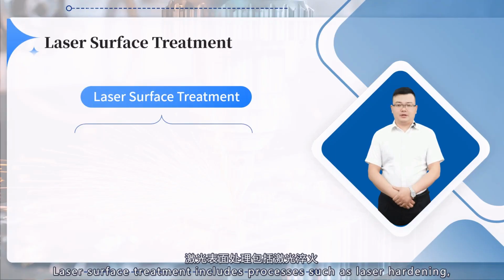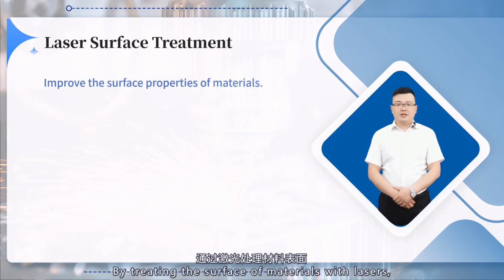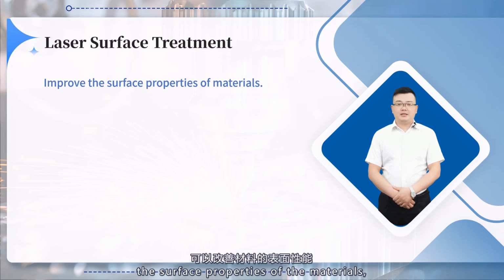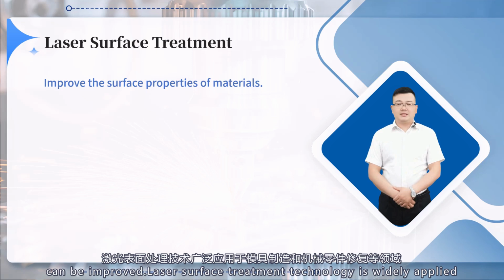4. Laser surface treatment. Laser surface treatment includes processes such as laser hardening, laser cladding, and laser alloying. By treating the surface of materials with lasers, the surface properties of the materials, such as hardness, wear resistance, and corrosion resistance, can be improved.